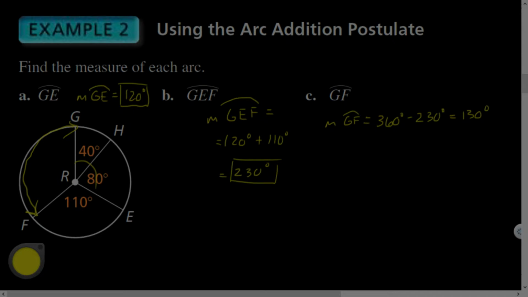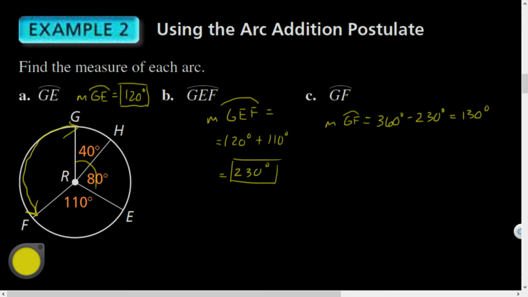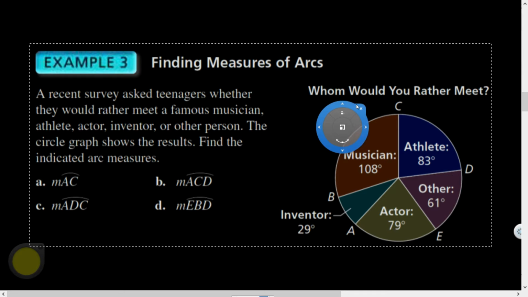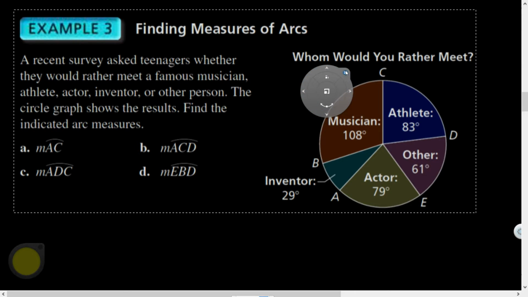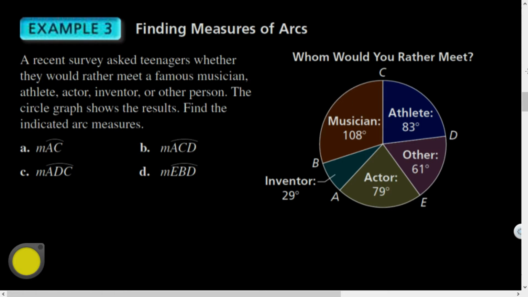Ooh, mine has color on it. I don't know why I would have made a pie chart labeling the degrees. I think I would have made a pie chart labeling percentages. Whom would you rather meet? Why is mathematician not here? I guess that would be under other. Or is there a cross-section between mathematician actors like our friend Robert? Kanye.